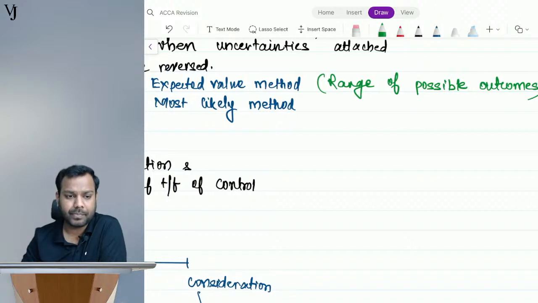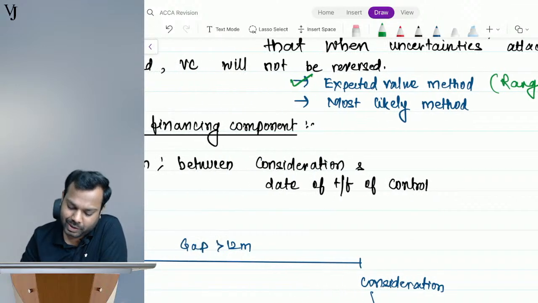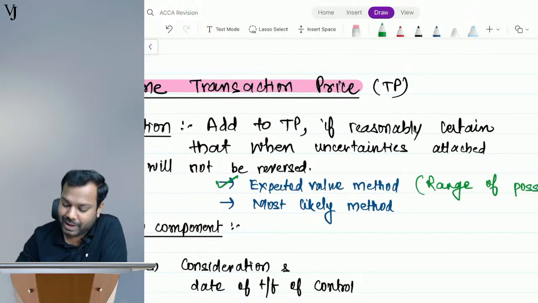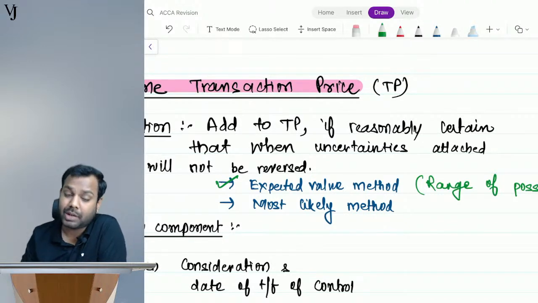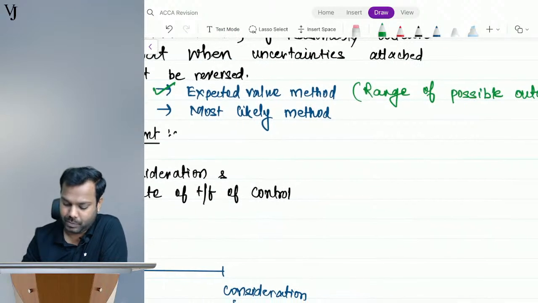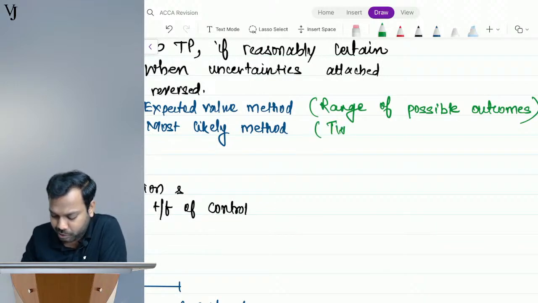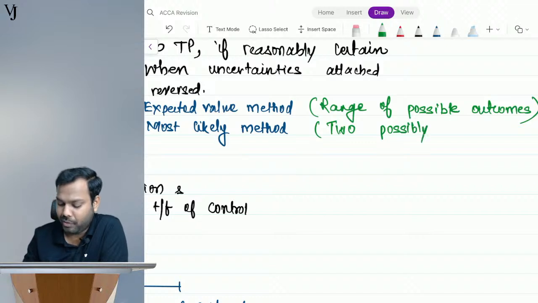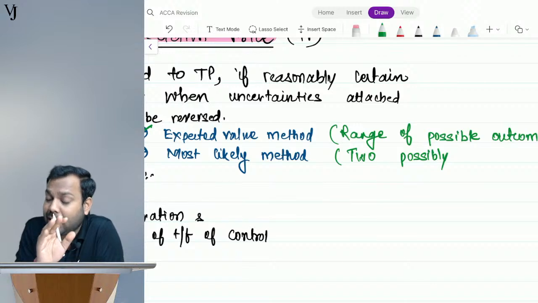But sir, if one can be certain, then how is it contingent? See here, what is the term that I used? Reasonable certainty. As of now, what do you think is most likely? Most likely means only 2 possible outcomes. When I say reasonably certain that it will not be reversed in the future, it doesn't mean that it cannot get reversed.